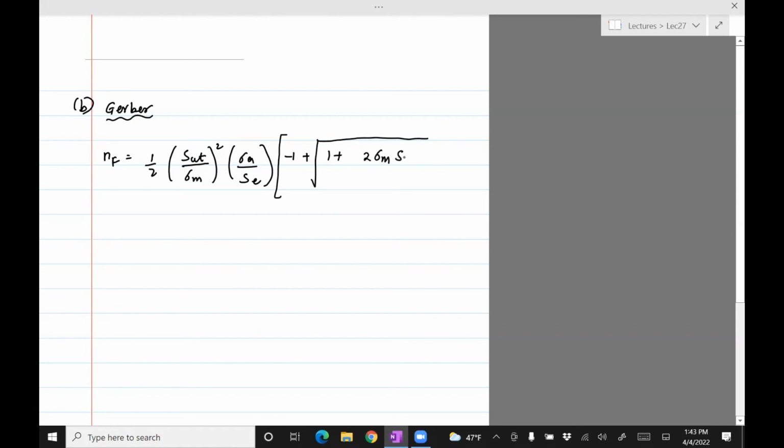That equation is NF equals half SUT squared, sigma A divided by SE, now pardon the square root sign, 1 plus 2 sigma M SE over sigma A SUT squared.